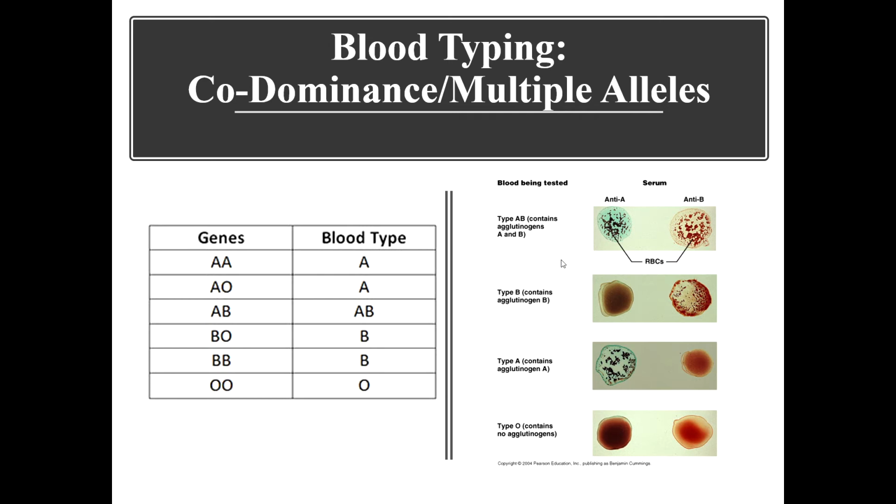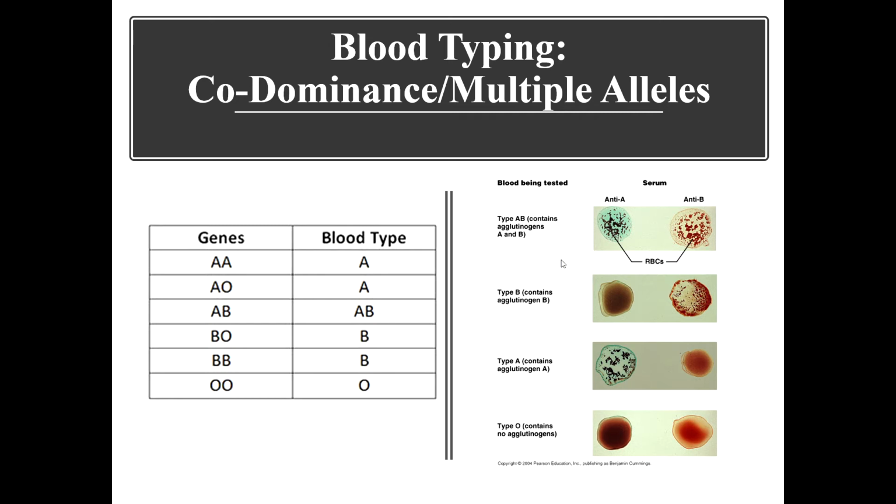This is a monohybrid cross, so make sure you just put one allele in each box, an A in one and a B in the other. In this case, you can mix letters. And then type O, remember, only has O's. Bring these down and across just like you would a typical monohybrid cross. And notice they could have type A, heterozygous for A, and type B, but they cannot have type O or type AB.